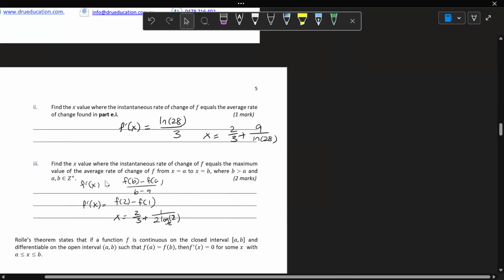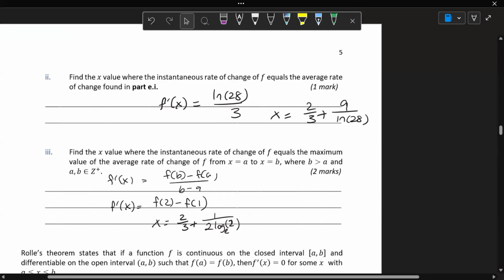Okay. So find the x value where the instantaneous rate of change equals the maximum value of the average rate of change. So the first thing here is there's average rate of change and there's instantaneous rate of change.